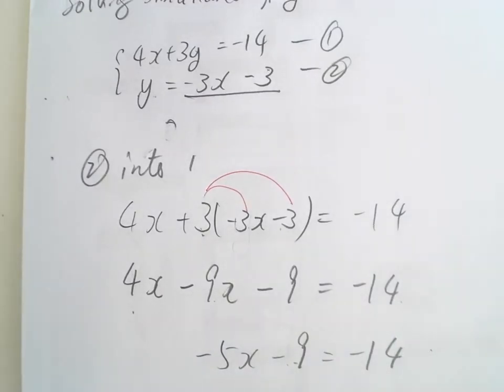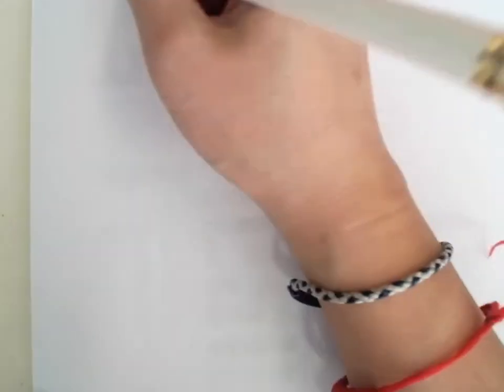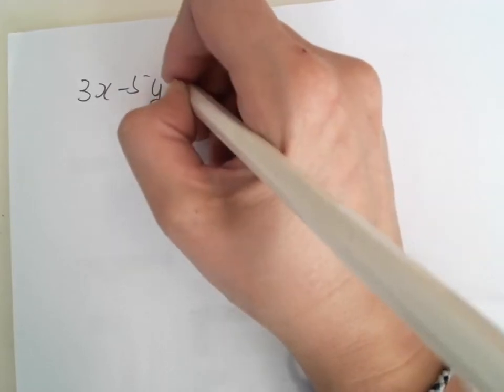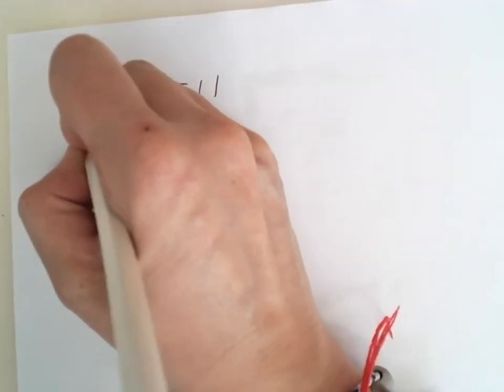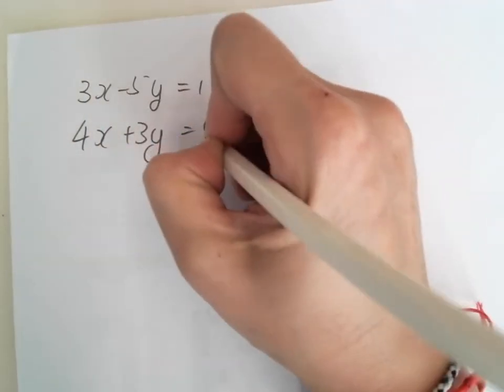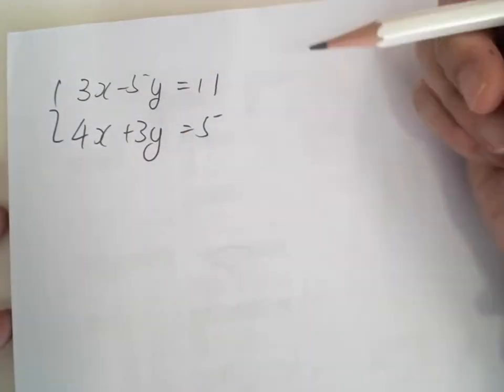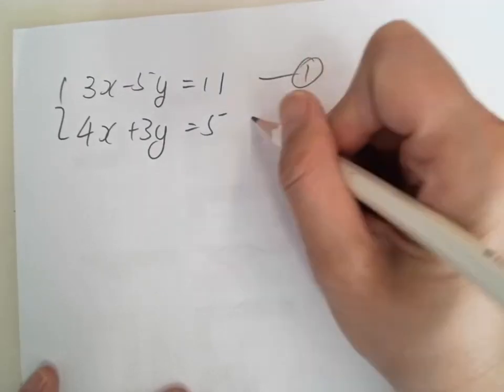So for example, I got 3x minus 5y equals 11 and 4x plus 3y equals 5. Definitely I do not have x equals or y equals.